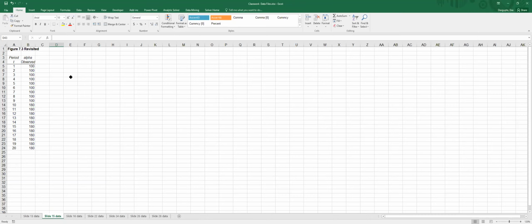Professor, this is Shannon. Yes, Shannon. It looks like halfway through the series, the actual observed data point jumps from 100 to 180 and remains there. So it's only 2 values. Perfect observation.